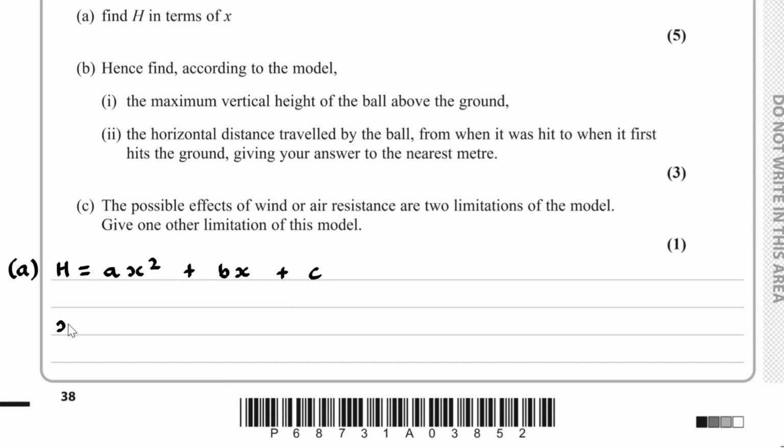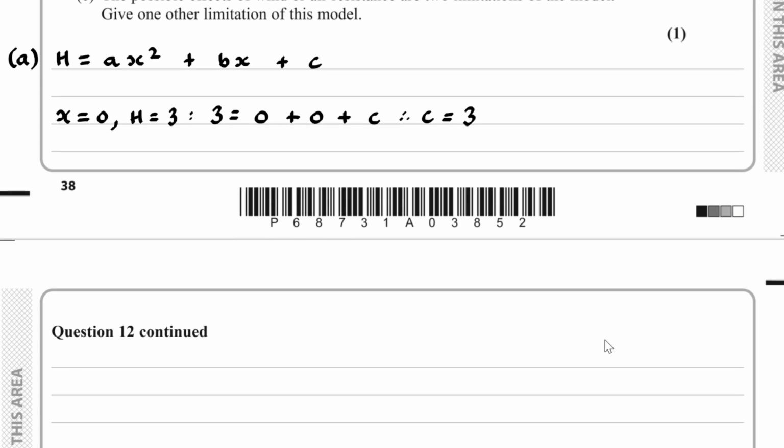So we've got 3 equals 0 plus 0 plus c. C is equal to 3. And so knowing that c is equal to 3, we'll start off by saying h equals ax squared plus bx plus 3.